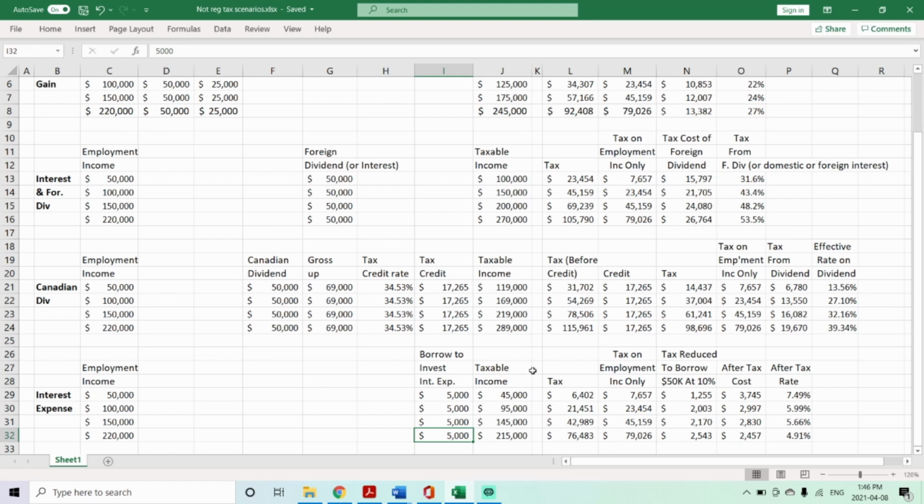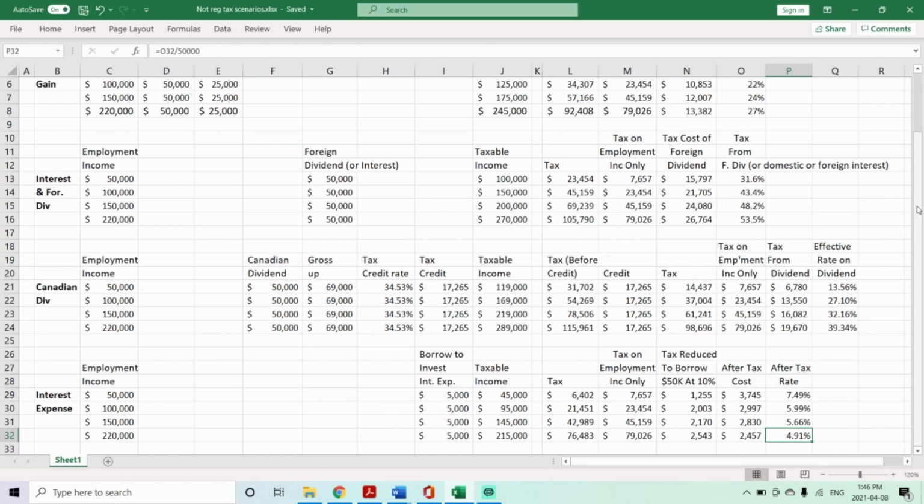The after-tax cost to borrow $50,000 at 10% in the top marginal tax bracket is $2,457 for an after-tax interest rate of 4.91%. So you can see that as income rises, the benefit of tax deductible interest expense rises.